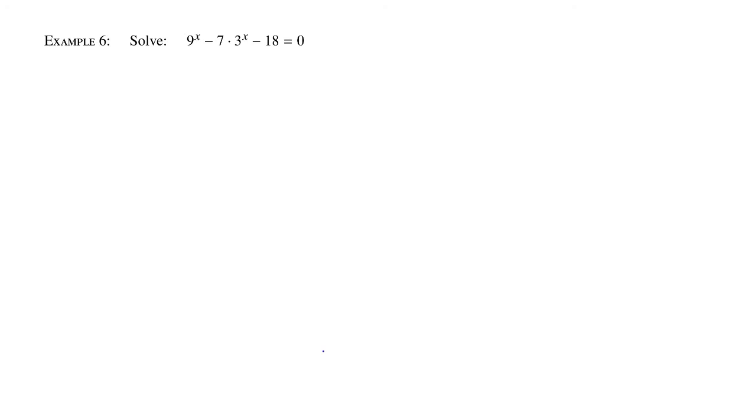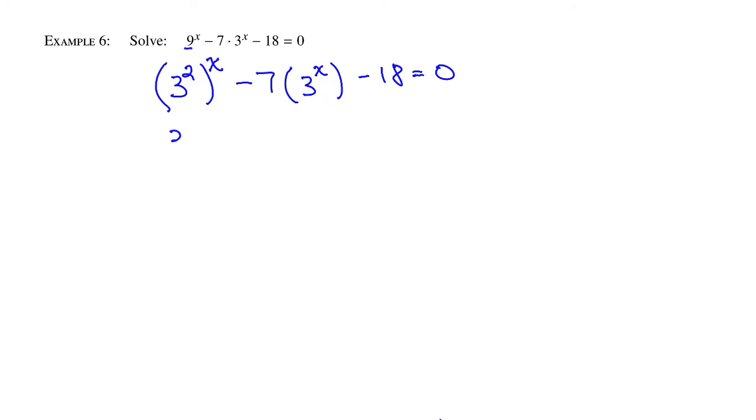And indeed we can. 9 turns out to be 3 squared, raised to the x, minus 7 times 3 to the x, minus 18 equals 0. But 3 squared to the x is the same as 3 to the 2x, and everything else is the same.